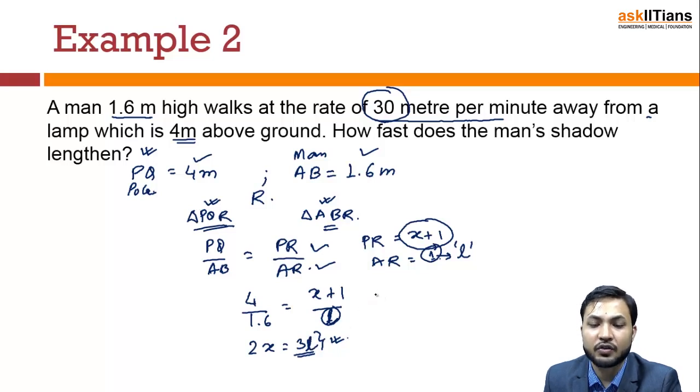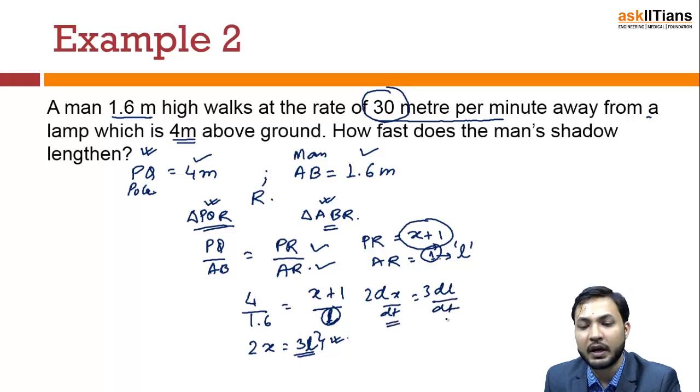If I solve this, I will get 2 times dx by dt equals 3 times dL by dt. I differentiate both of them with respect to t. If one shadow is lengthening, then it is shortening at the other end, so in both cases I need to differentiate with respect to t. After this, what do I get?